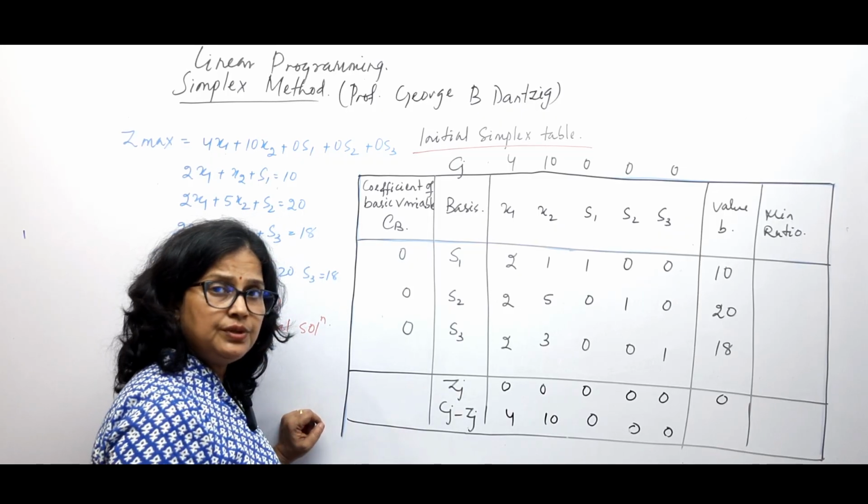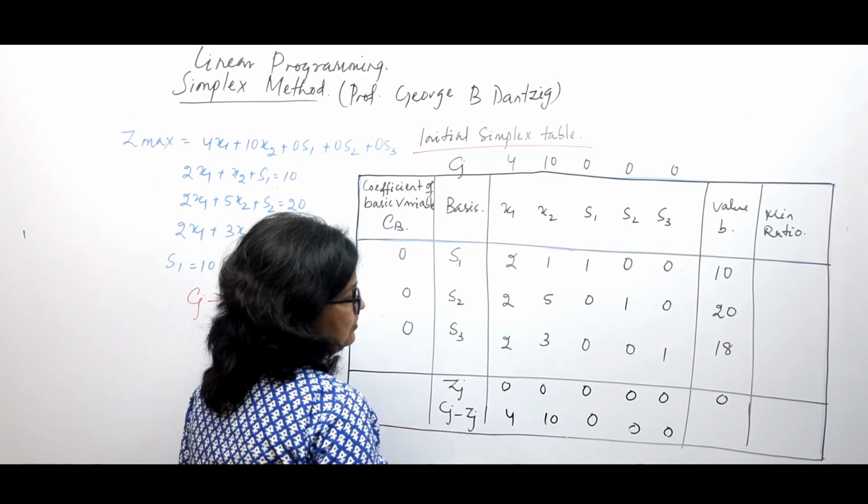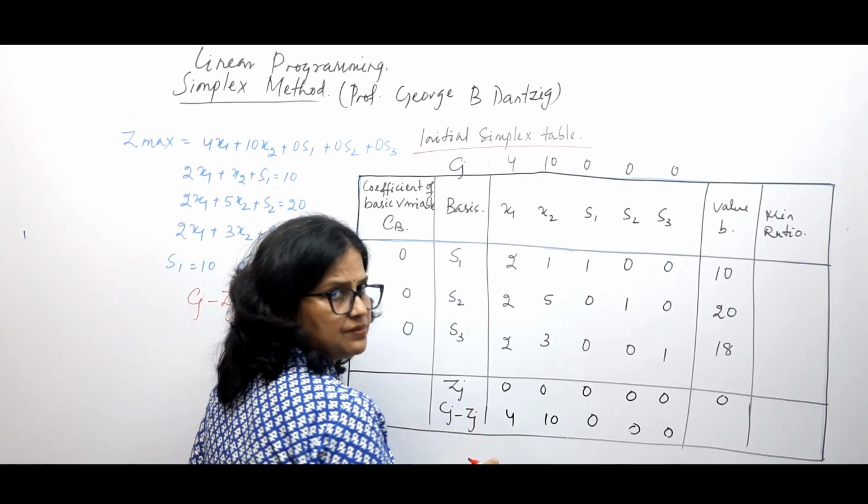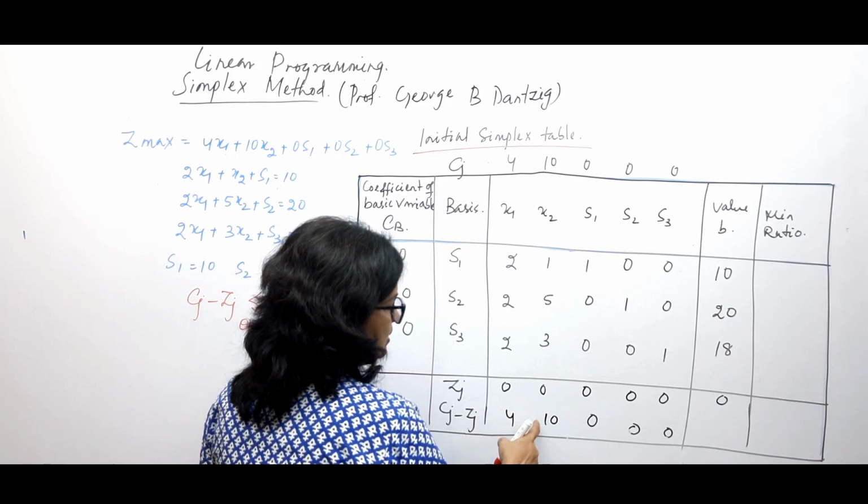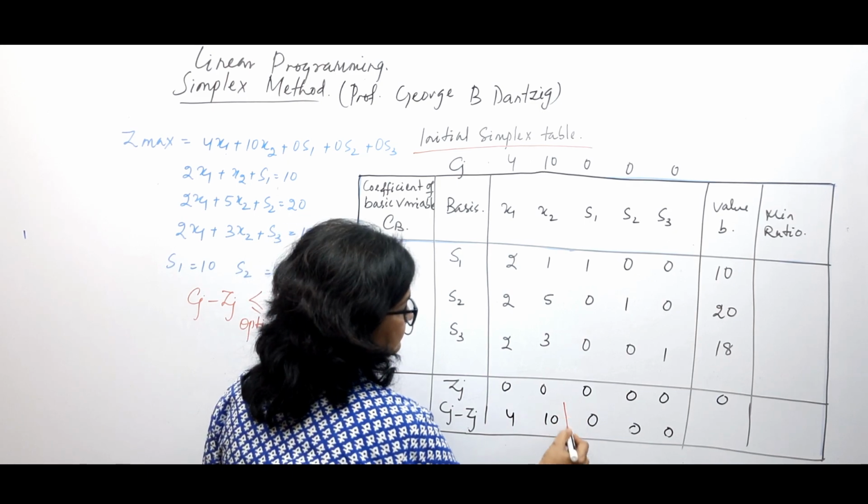So what we need to do for the maximization case is take the most positive number here. If you see, the most positive number here is 10.